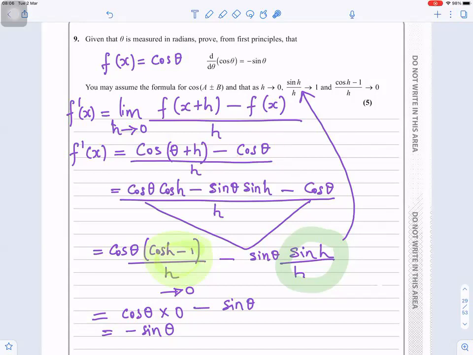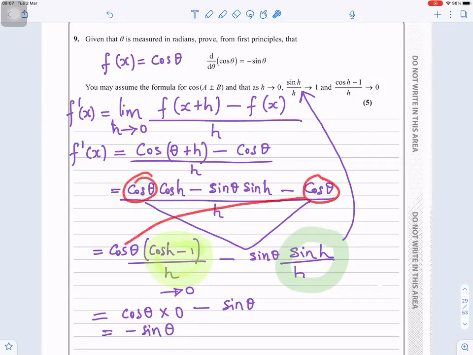Now we've been given some assumptions in the question. So what we want to do, we can separate them and then we can factorize. So we can have cos theta bracket cos h minus 1 over h. So we factorize cos theta out.